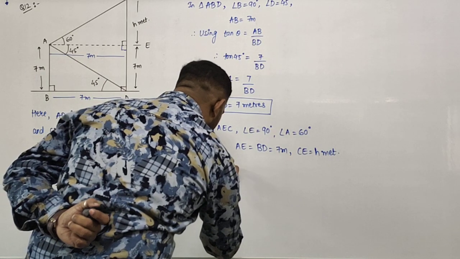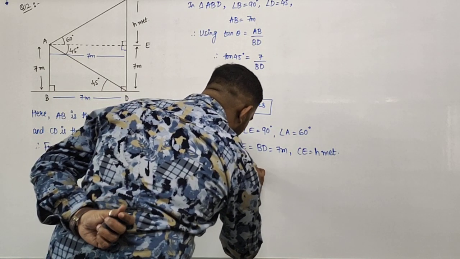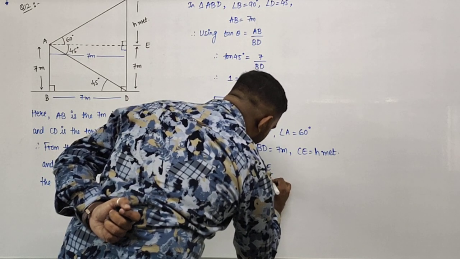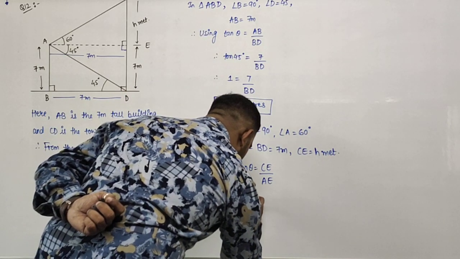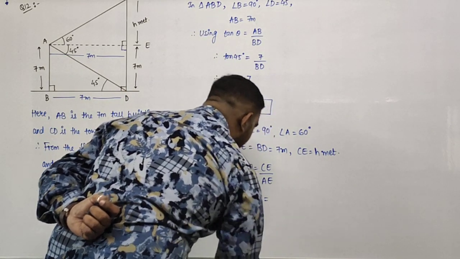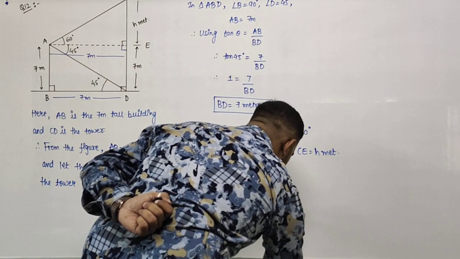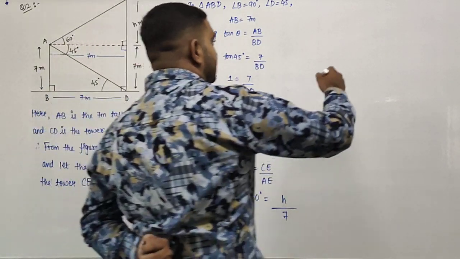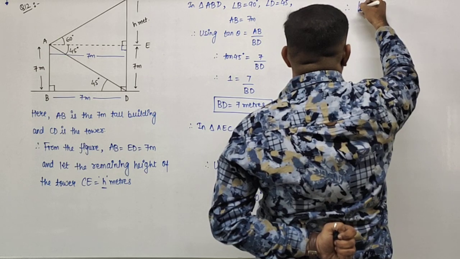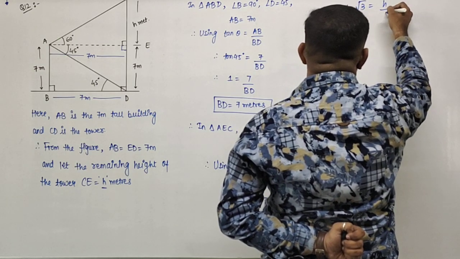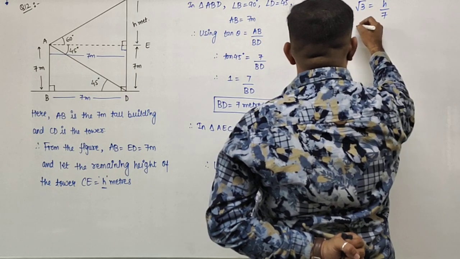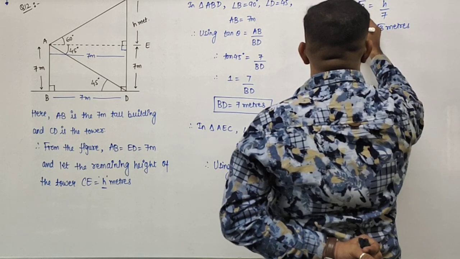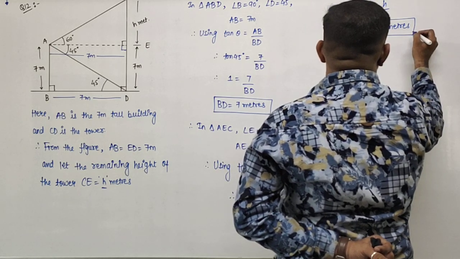Therefore using tan theta is equals to CE divided by AE, tan 60 degrees is equals to H divided by 7. Right? So put the value of tan 60 here. What is the value of tan 60? Root 3 is equals to H upon 7, and hence H is equals to 7 root 3 meters. So this is only H that we have got so far.